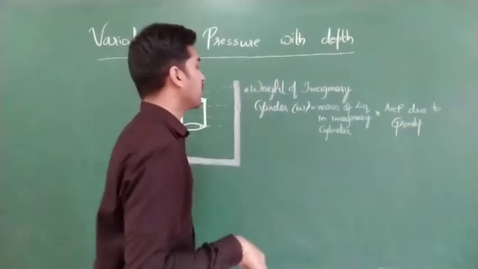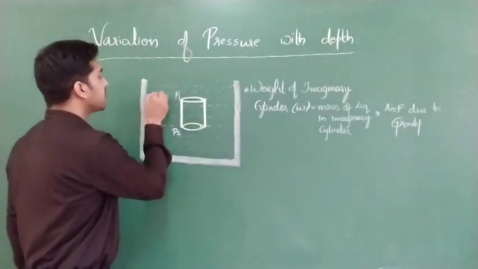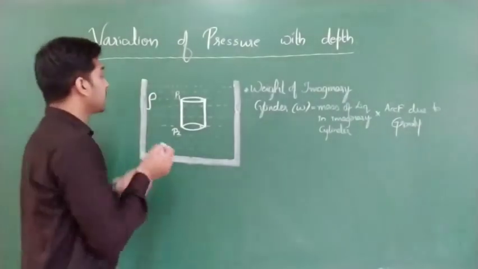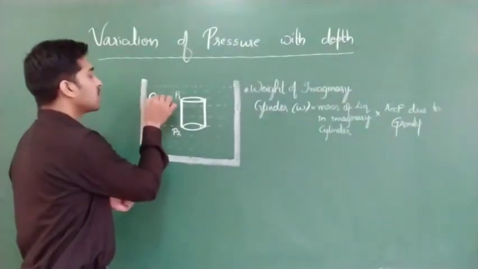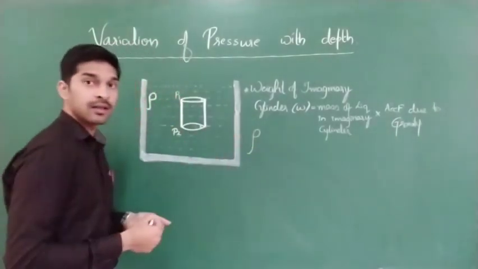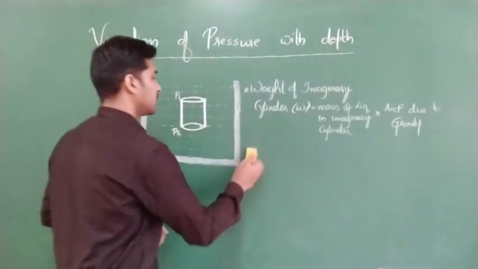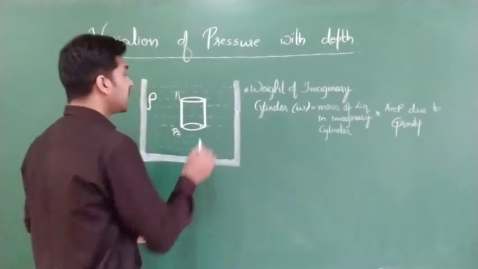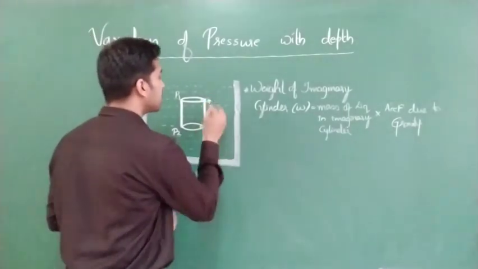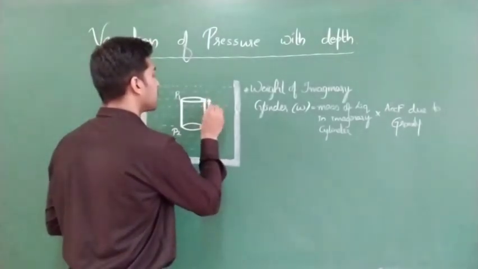Now let us assume this liquid has a density of rho. This is read as rho, don't read it as P. It will be written in this manner, rho. Next, the length or height of this imaginary cylinder, we are going to assume as h.